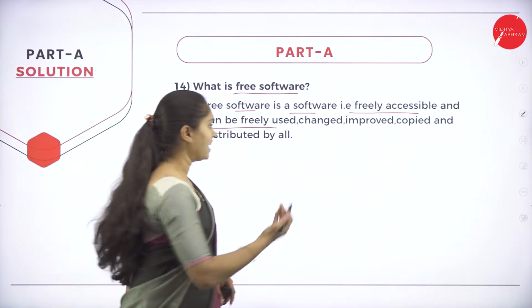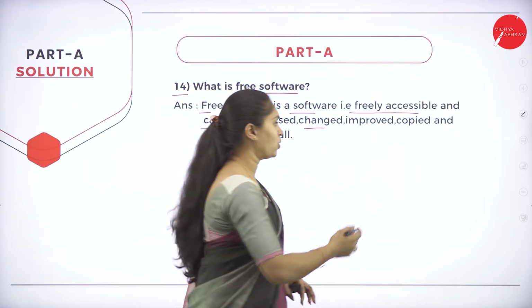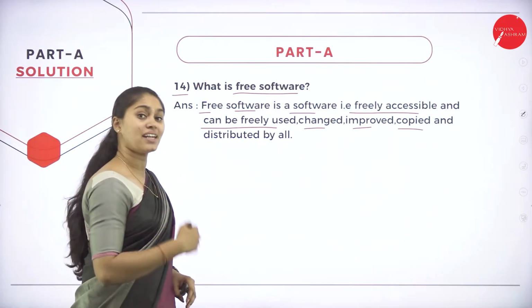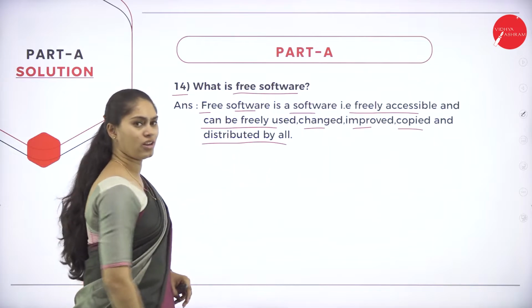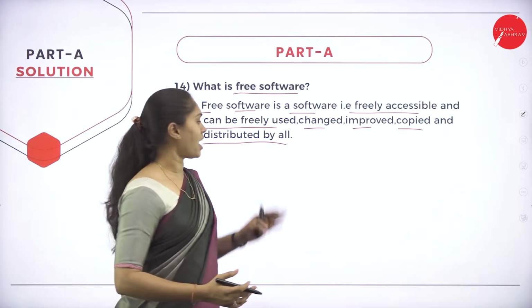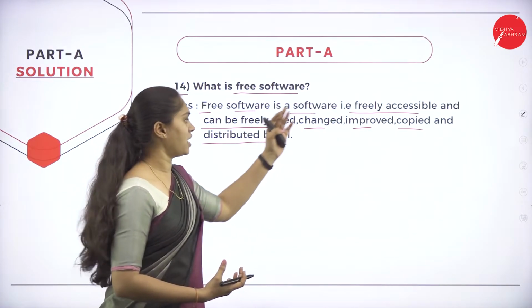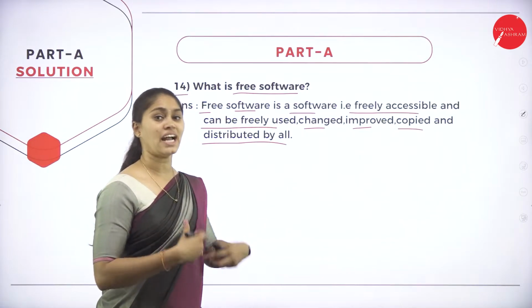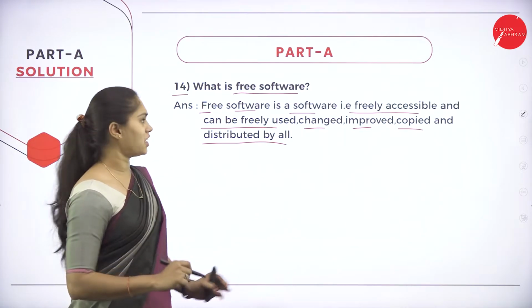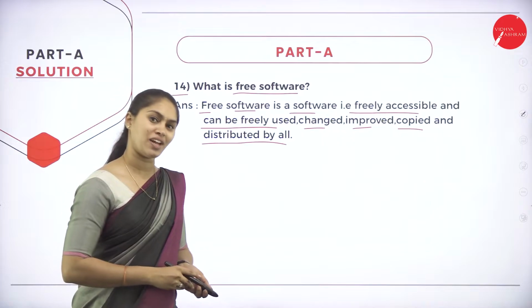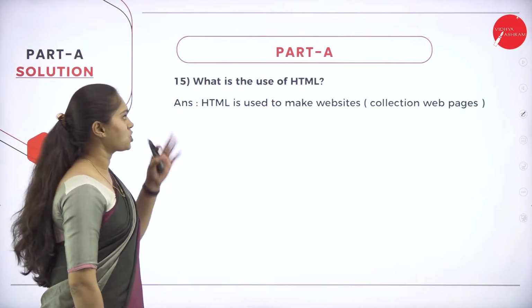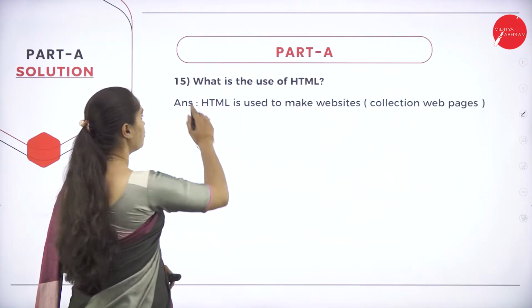It can be freely changed, improved, copied and distributed by all. There is no restriction on accessing, changing, improving, copying and sharing with others. That kind of software is termed as free software. We'll see the last question in part A, that is the 15th question.